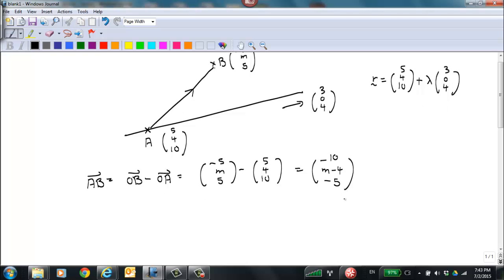Then the projection will be AB dot (3, 0, 4) hat. But take note, this dot product can be positive or negative, so I need to put the modulus sign. This is the length of the projection, and we will just work it out.